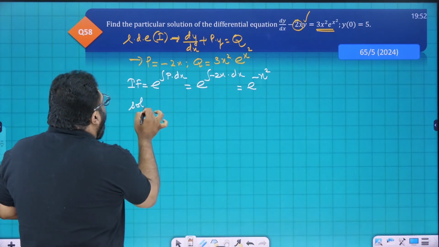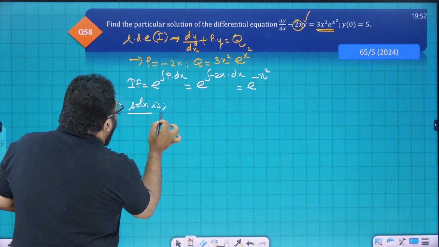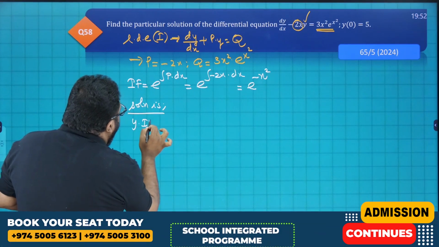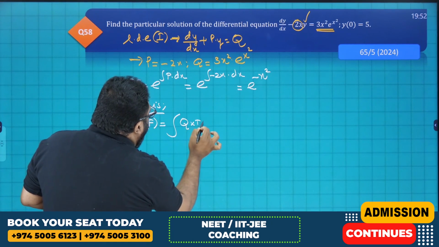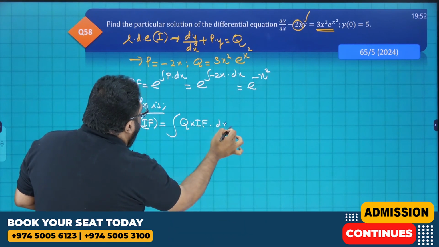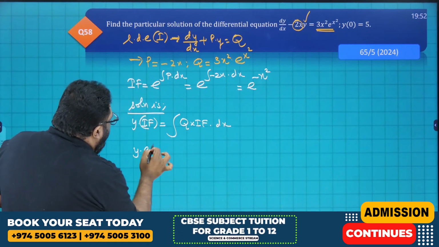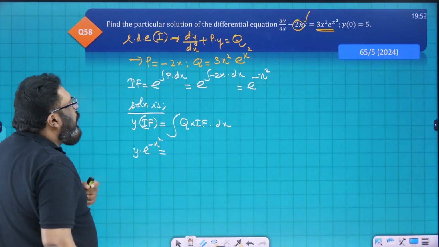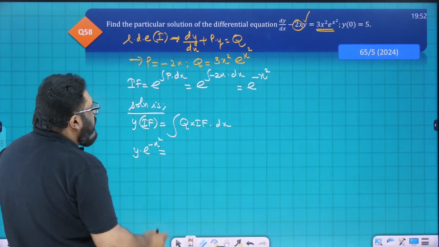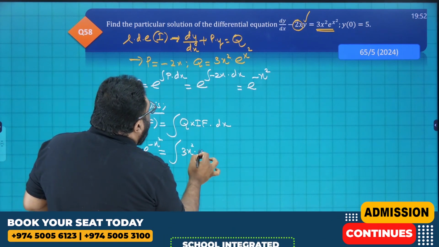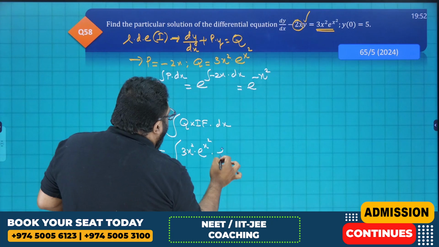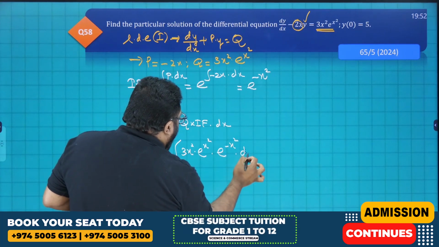So solution of the differential equation is y into integrating factor equals integral q into integrating factor dx. So y into e raised to negative x squared is equal to integral q, 3x squared e raised to x squared, into e raised to negative x squared.